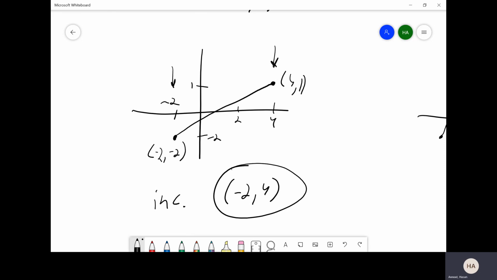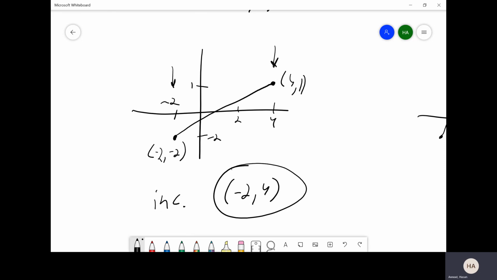The answer is no, because if you are not including that endpoint, if you're getting very, very close to -2, well, that's basically just as good as if you were talking about -2. So it's just common convention to use parentheses here. Okay. Again, if you didn't understand that explanation, totally okay. Just remember the common convention: use parentheses when you're talking about increasing or decreasing.